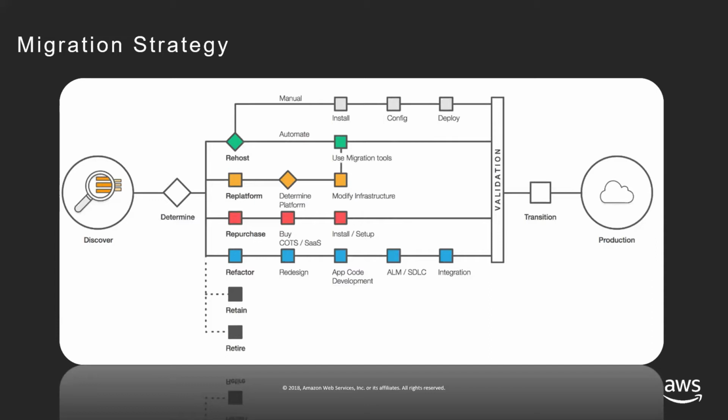The 6 R's of migration. Beginning with the top one and going down, other than retain and retire, they increase in level of effort. Rehost is essentially moving from your current data center and plopping it onto AWS.